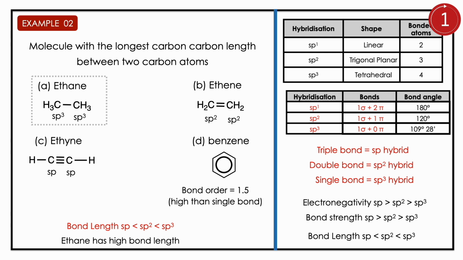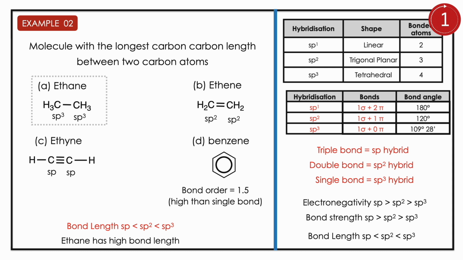The question is on conversion of name to structure and identifying the hybridization, then the bond length. First, let us write all the structures. Ethane means CH3, CH3. Ethene means CH2, CH2. Ethyne means C triple bond C. Benzene is straightforward.